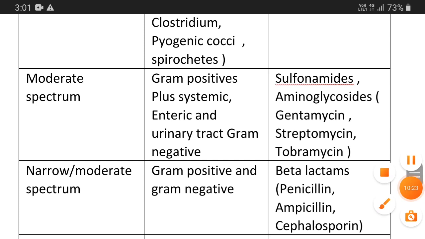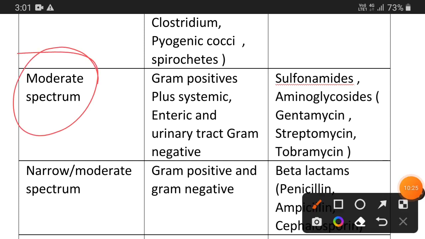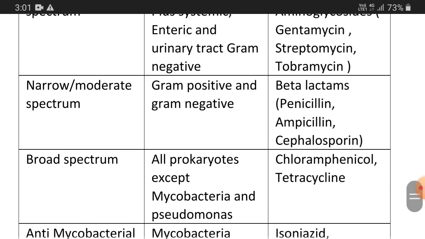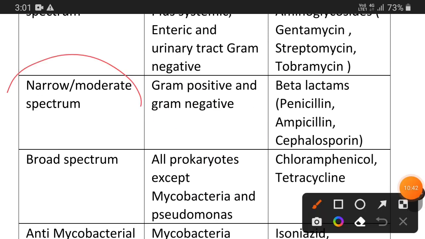Now let's talk about moderate spectrum. Moderate spectrum antibiotics have the ability to show their effect against gram positive bacteria along with enteric and urinary tract gram negative bacteria. Examples are sulfonamides and aminoglycosides. Let's move to the next one, that is narrow moderate spectrum.